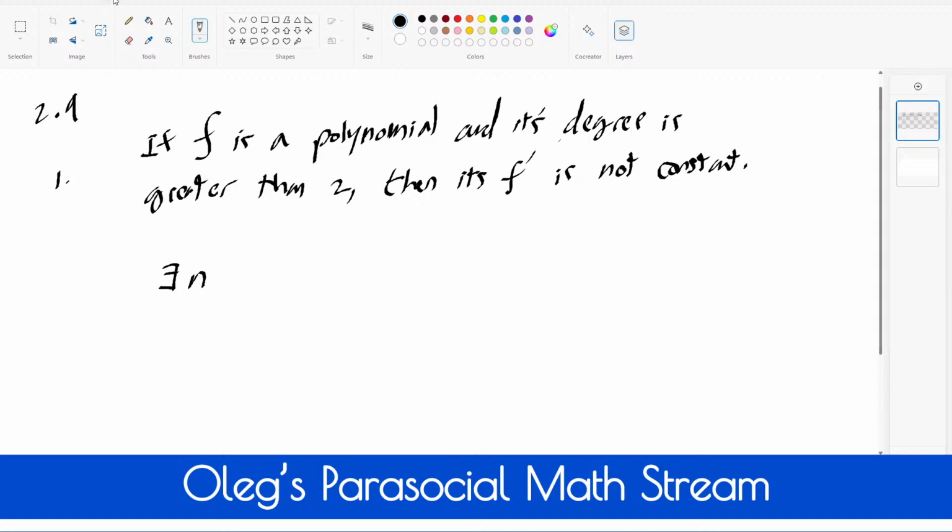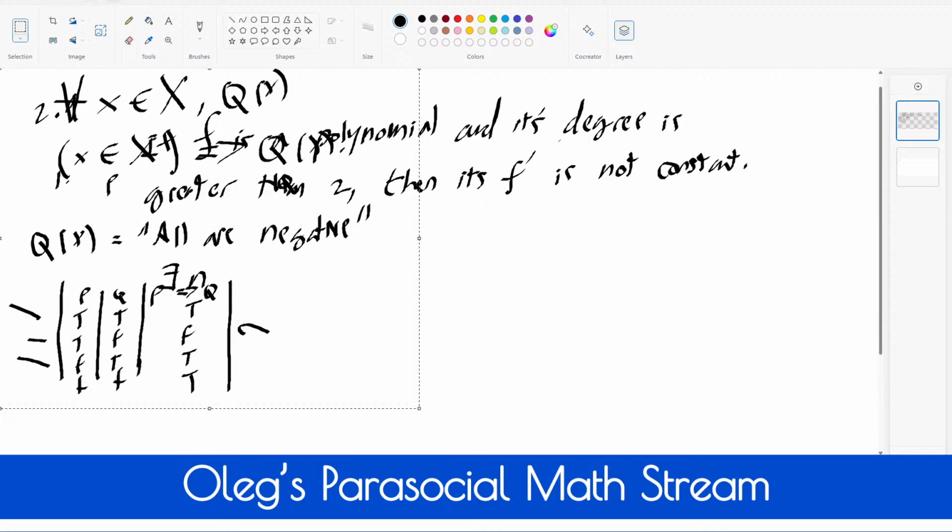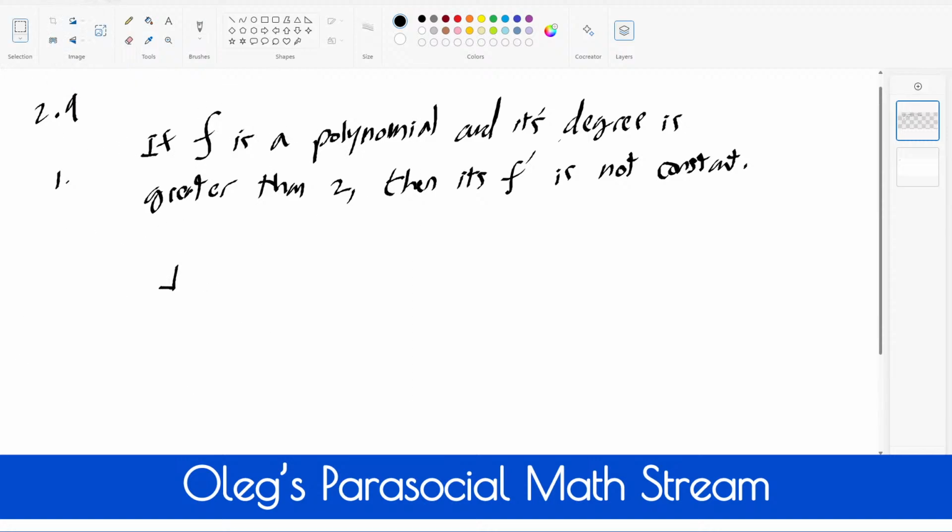Let's try. Weird, my backspace stopped working. Okay, there. That was really weird, and I have to paste it.